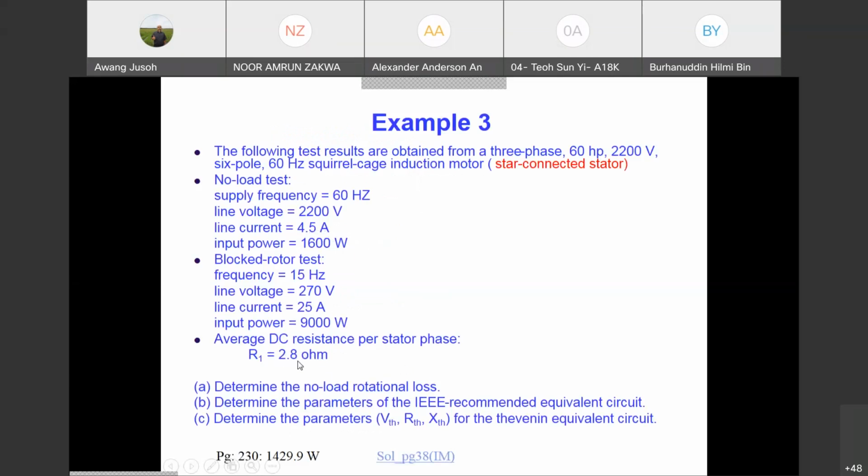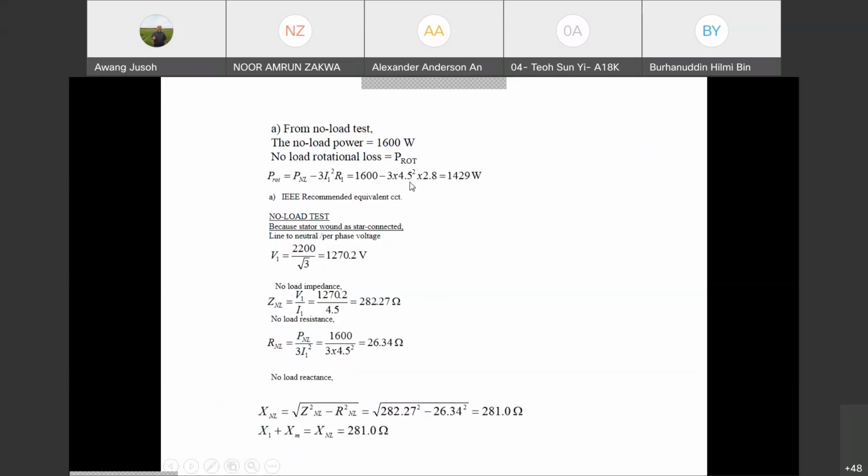So 4.5 squared multiplied by 2.8 multiplied by 3, because this is the total loss in the three phases. That is the total stator copper loss. To find the rotational loss for the machine, you need to take total power minus the losses in the stator winding.